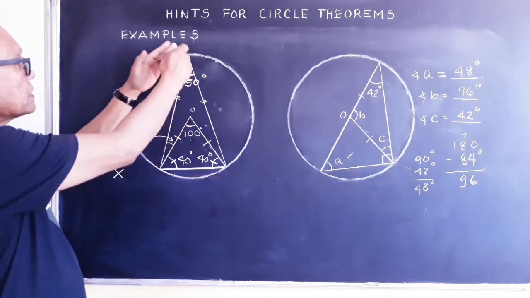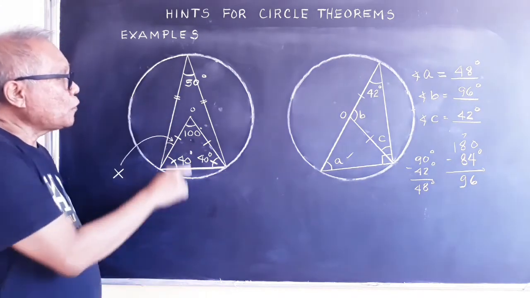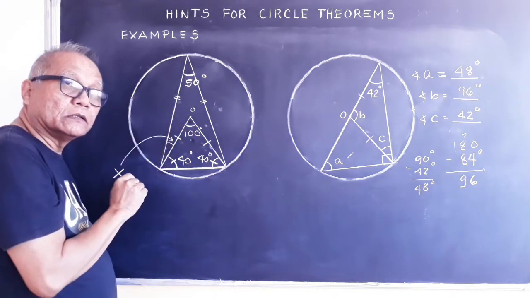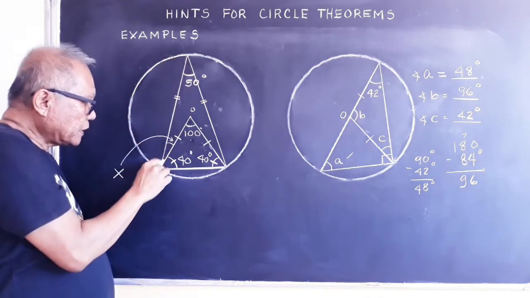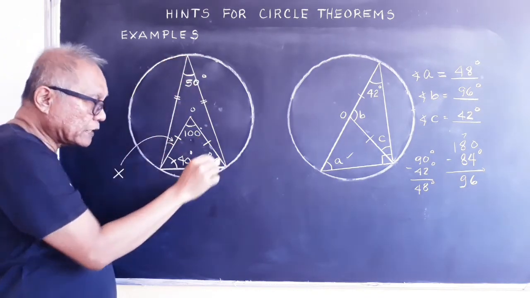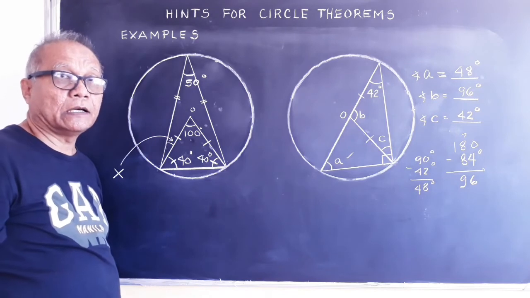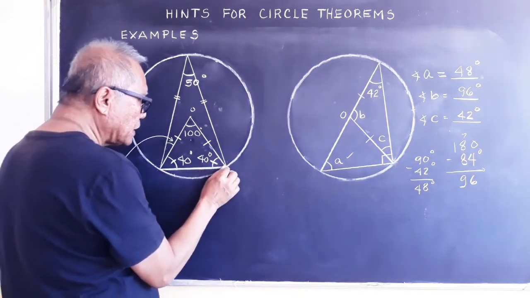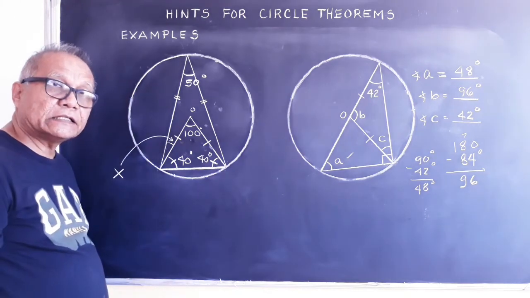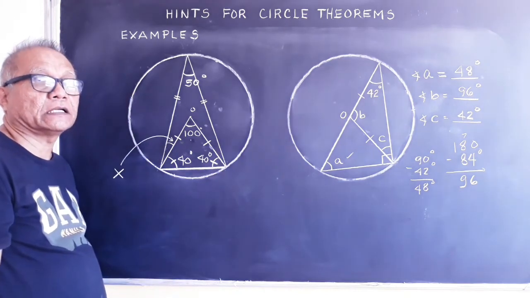Now, let us have this one. What do we mean by the symbol? The symbol means this chord here and the other chord there are equal. Now, if we draw a line here, we will have again an isosceles triangle.